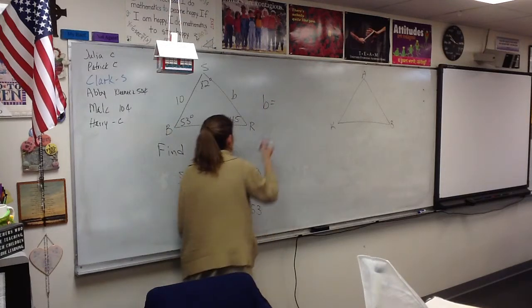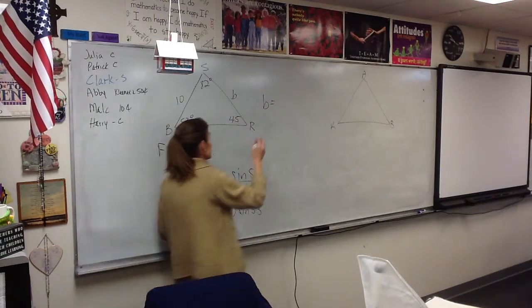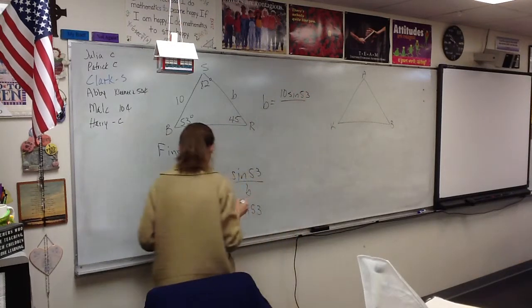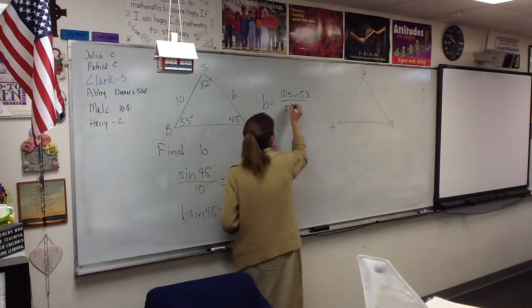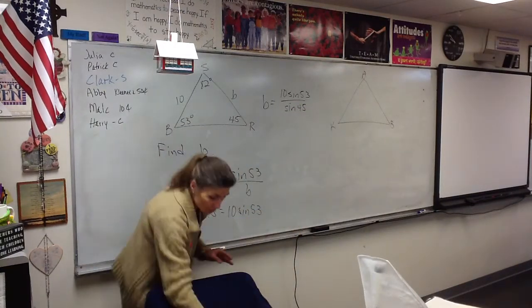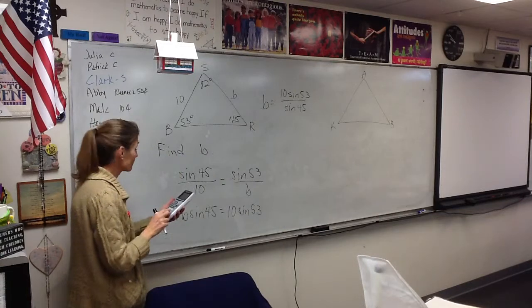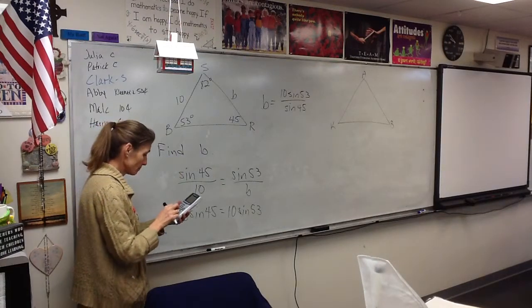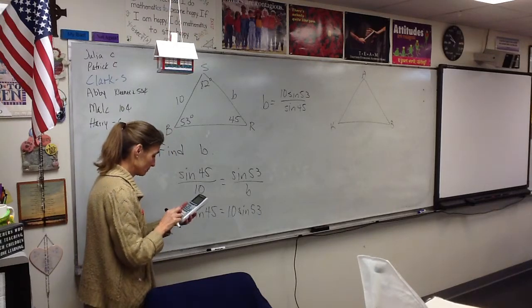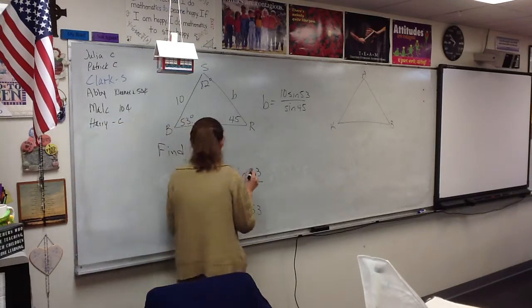So b will end up equaling 10 sine 53 divided by sine 45. So I can type that into my calculator, and I will have side b. I got 11.29.